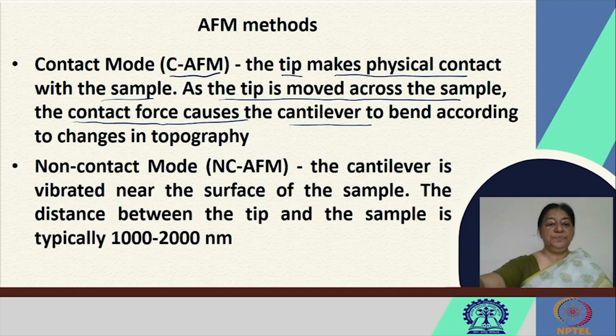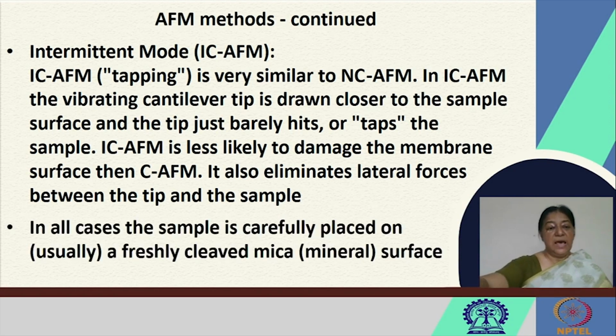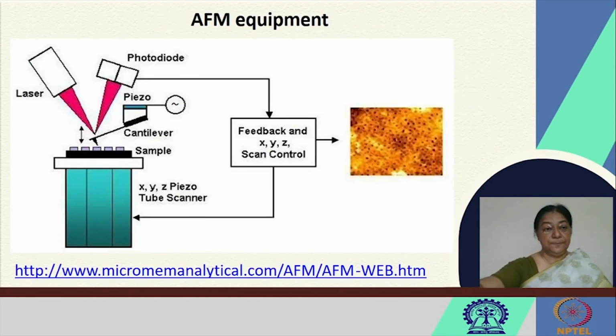In a non-contact mode, the cantilever is vibrated near the sample, and we have another kind of detection possible. In the intermittent mode, we have it closer, so it taps on the surface. In all cases, the sample is carefully placed on usually a freshly cleaved mica surface for analysis.